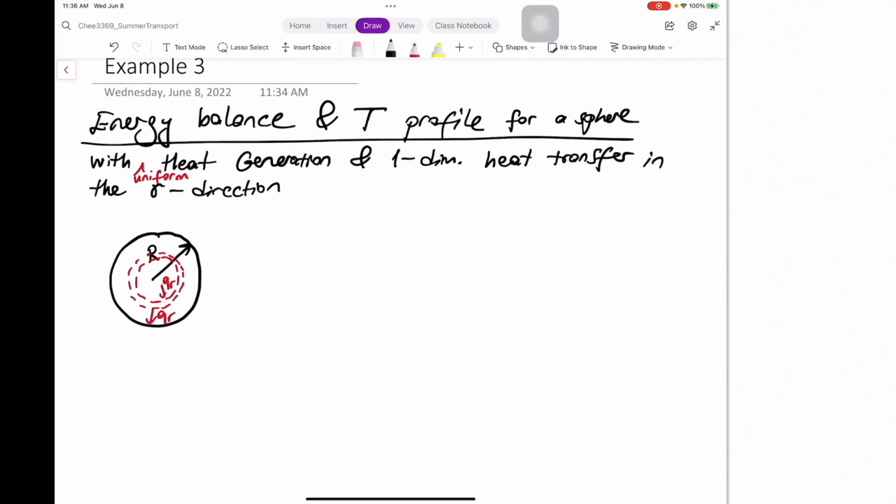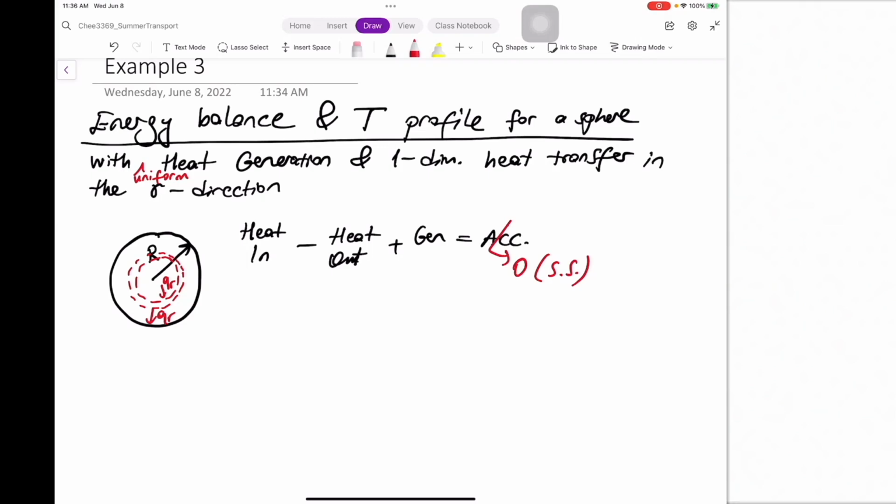And we can write down heat in minus heat out plus generation is equal to accumulation. And the accumulation is going to be 0 if we assume the steady state, if we assume that the temperature profile does not change with time, nor the fluxes.